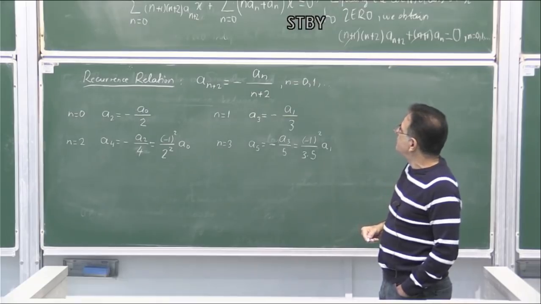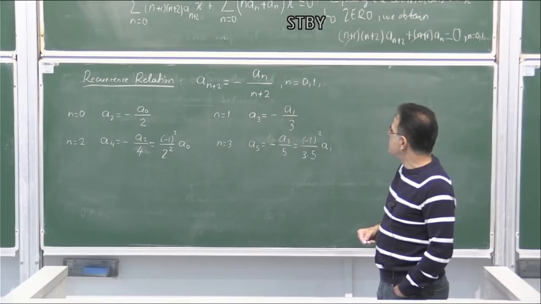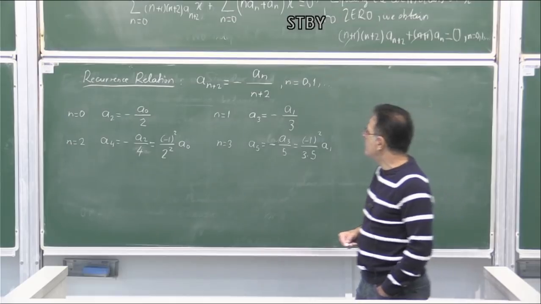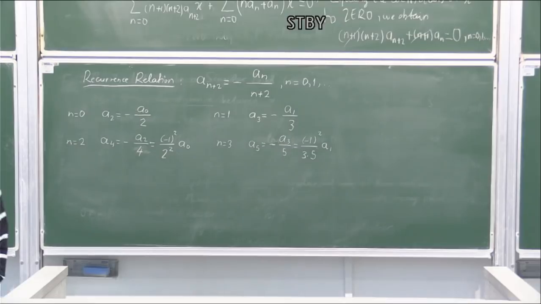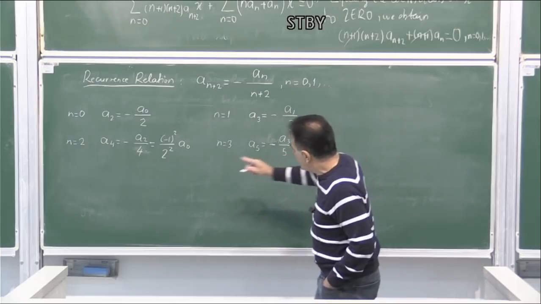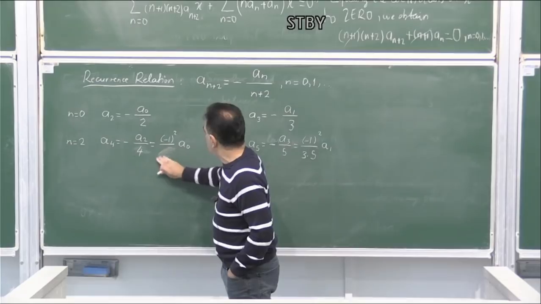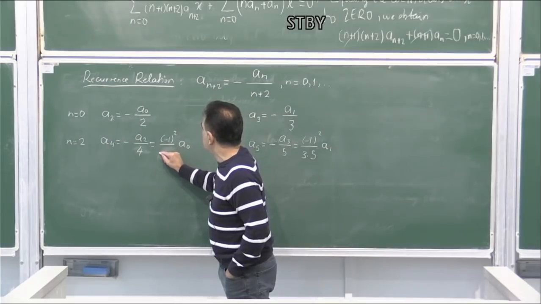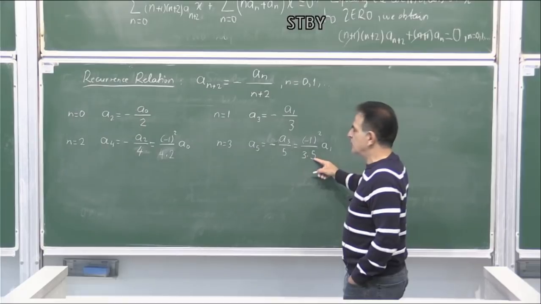Good? A5 is written like that, but I think there is a mistake here. So when a4 is this, it is not 2 squared, but it is 2 times 4. Okay, so 3 times 5.